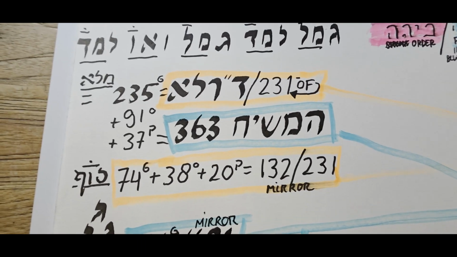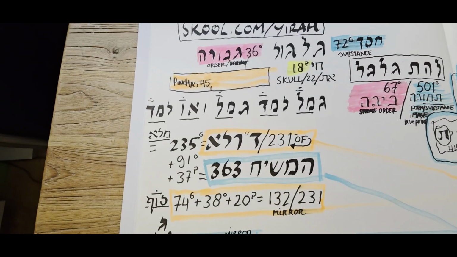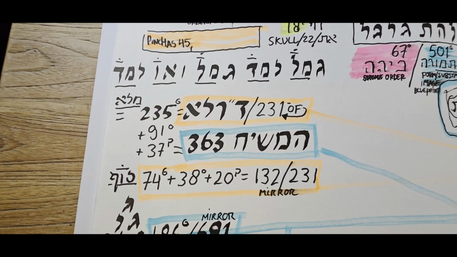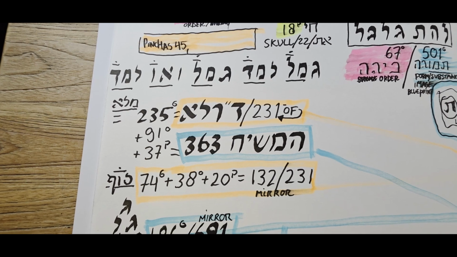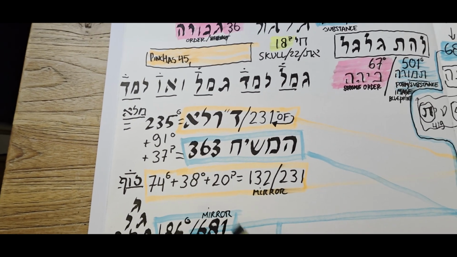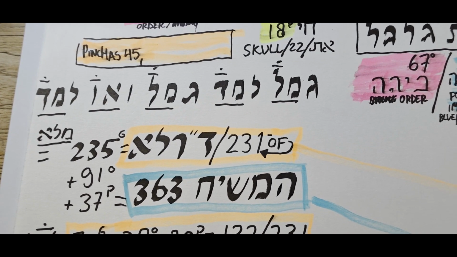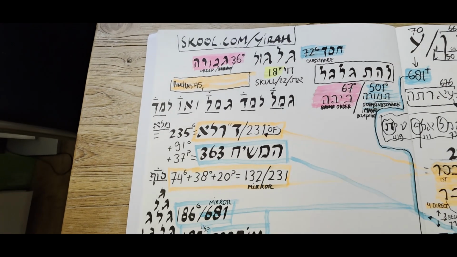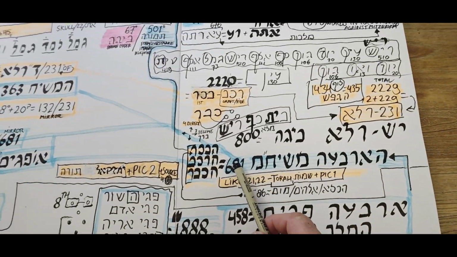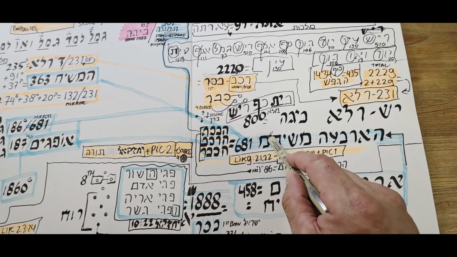So, okay, the ordinal value of these pregnant letters was 91, which is the value of Amen. Important word there. And the Katan value is 37. If we combine 235, 91, and 37, we get 363, which is Mashiach, because we're speaking also about Ha'arba'a Mashiachim, the four fallen Mashiachim, right? Deficient, no Yud.